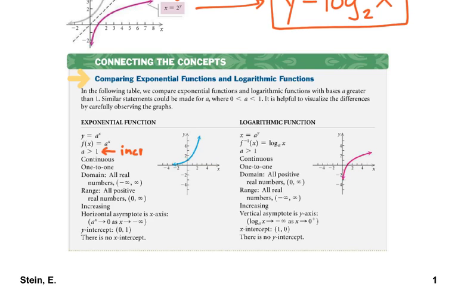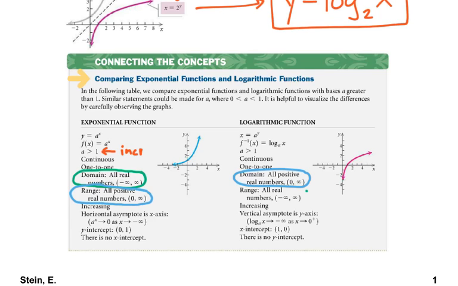They are both continuous and they're both 1-to-1, but this is what's important. We want to think about that domain and range. The domain of the exponential was all real numbers, and the range had a restriction. So look at the domain and range for our logarithmic graph here.